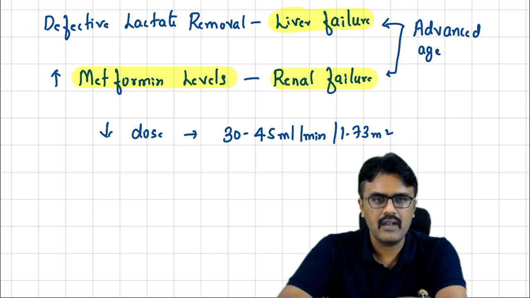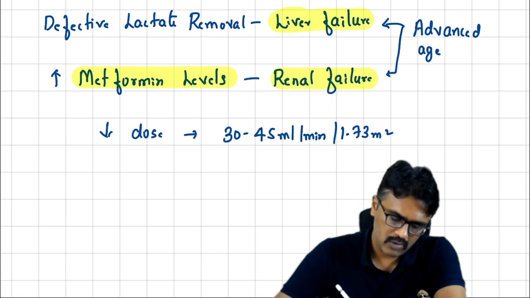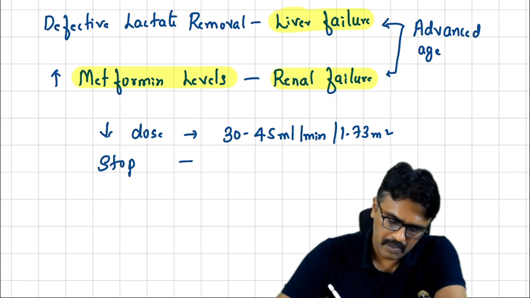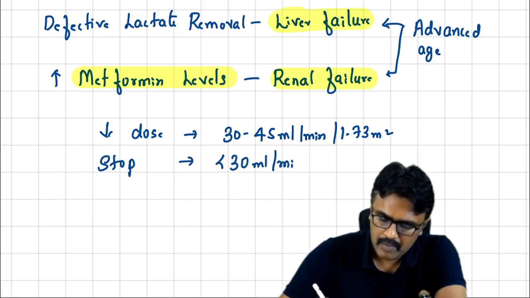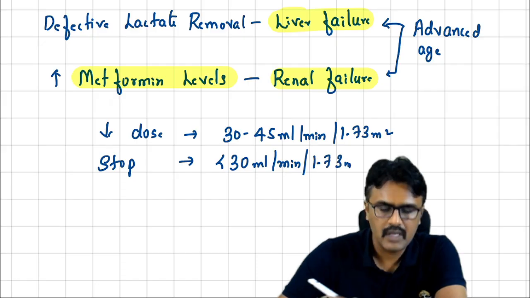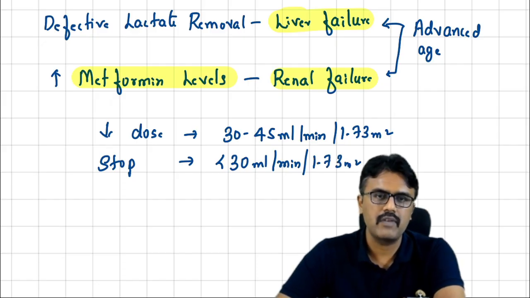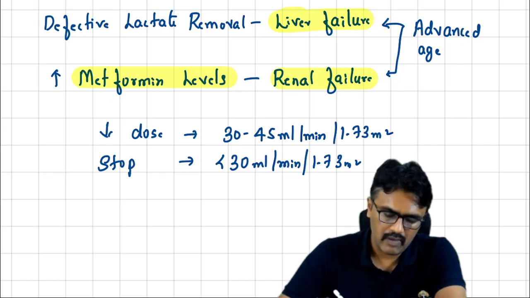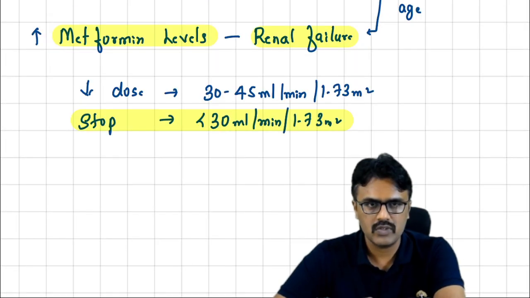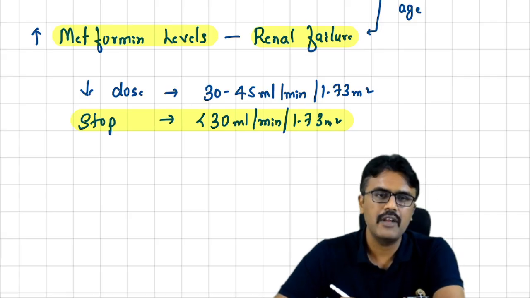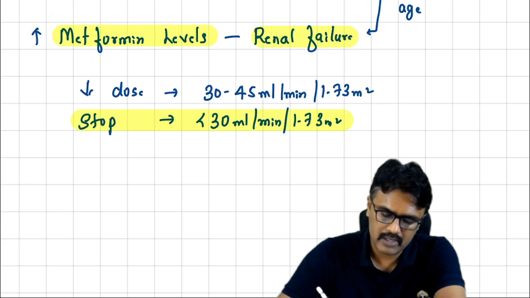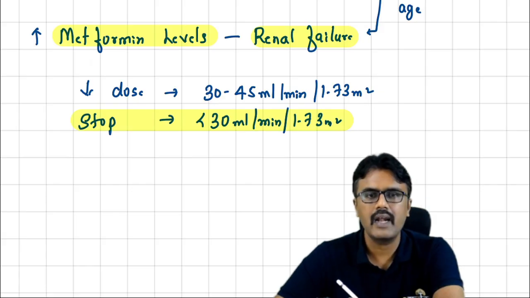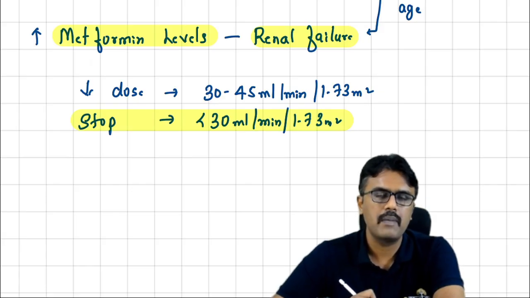And you have to stop metformin if the GFR is less than 30 ml per minute per 1.73 meters square, otherwise it will accumulate and increase the risk of lactic acidosis. Similarly, an increase in serum creatinine is also a marker of renal failure, and in that case also you should stop metformin.